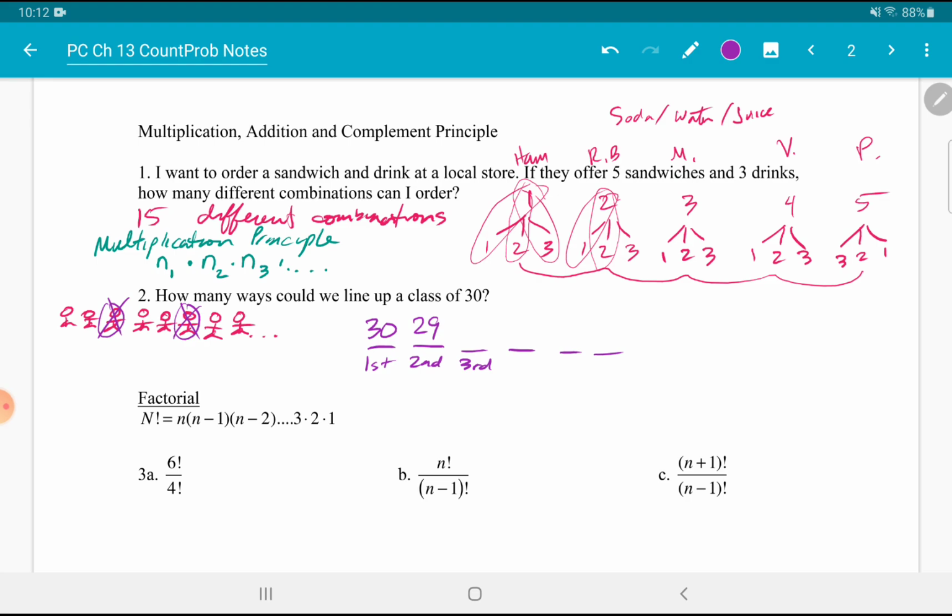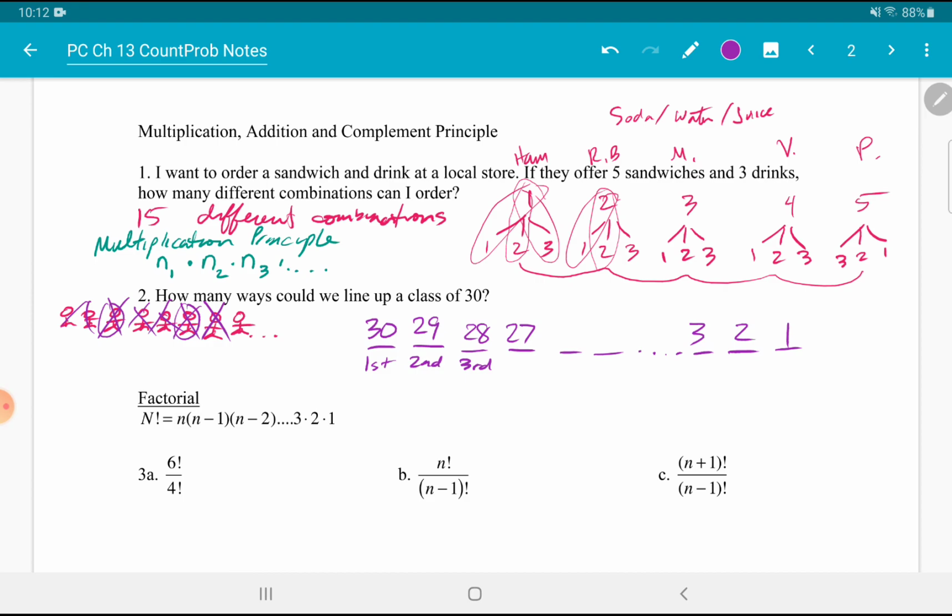And then in the third position, I now have 28 students to choose from, and then 27, and so on and so on, until when you reach the end of the line, you really just have 3 students to choose from, and then 2 students, and then 1 student at the very end of the line.